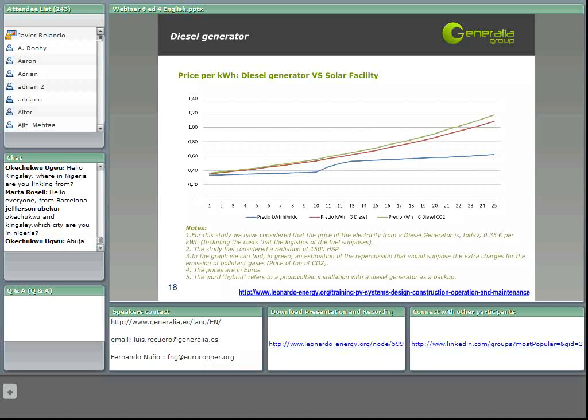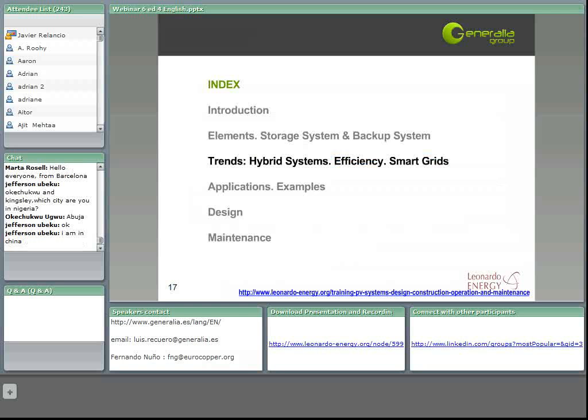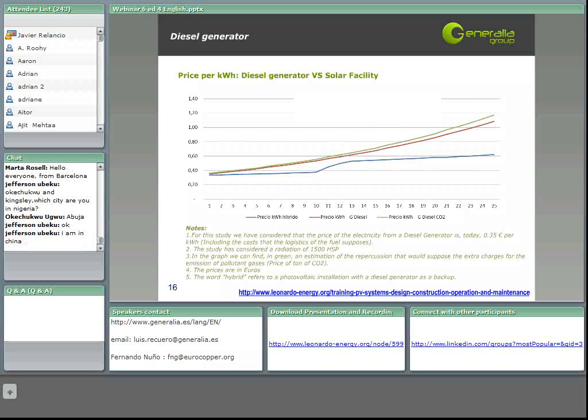So you can check that the price of a hybrid system is much lower than the price of producing all the energy from a diesel generator. During the 25 years, of course, we have to consider the initial investment for the PV facility and then take into account that that facility will be producing energy during 25 years.